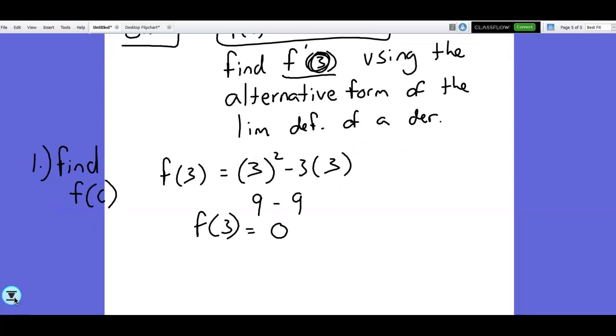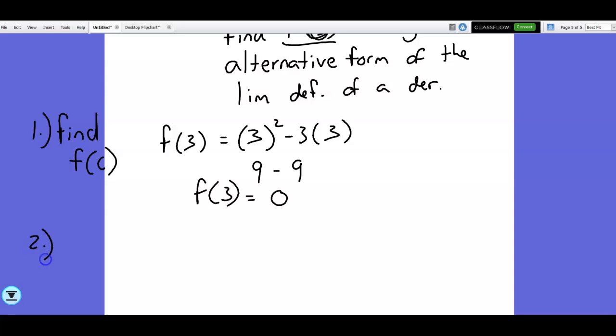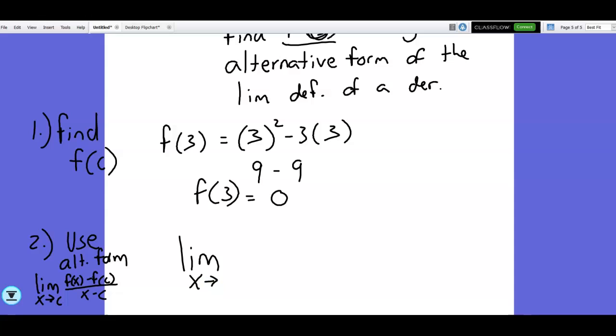All right. Now the next thing that we do is we're going to plug everything into our alternative form of the limit definition of a derivative, which is this. The limit as x approaches c of f of x minus f of c over x minus c. Okay, so let's go ahead and do that. So first of all, we're going to write the limit as x approaches c. Now, what did we say c was?